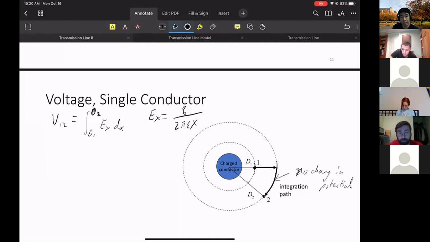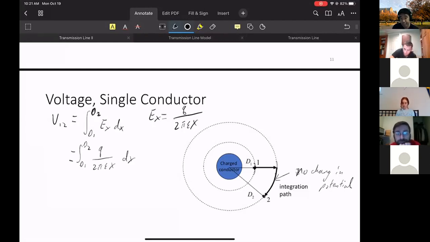If you go along at the same radius, the field doesn't change. So we just have to integrate from D1 to D2, the distance from the center. So this is the integral from D1 to D2 of Q over 2 pi epsilon x dx.